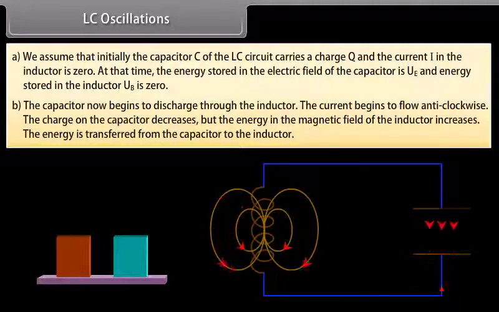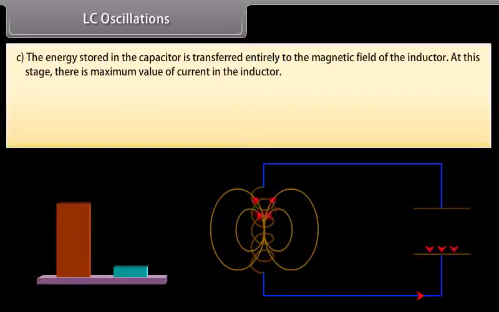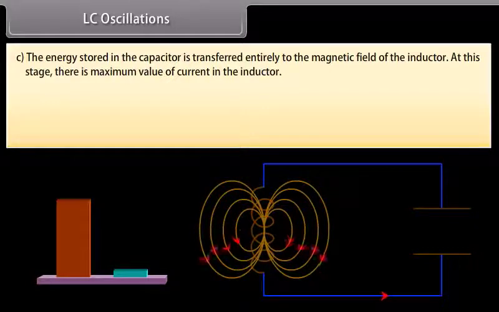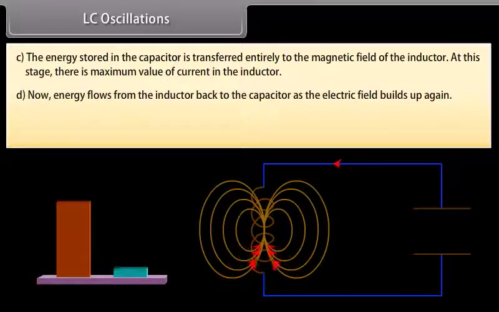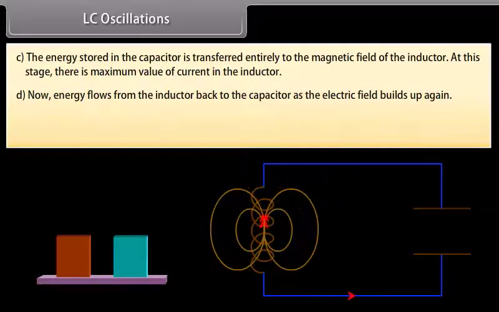The energy is transferred from the capacitor to the inductor. The energy stored in the capacitor is transferred entirely to the magnetic field of the inductor. At this stage, there is maximum value of current in the inductor. Now, energy flows from the inductor back to the capacitor as the electric field builds up again.